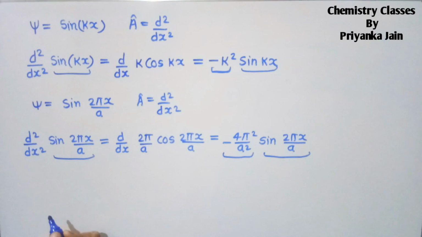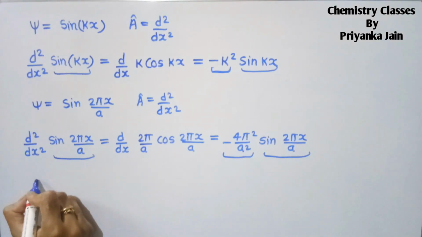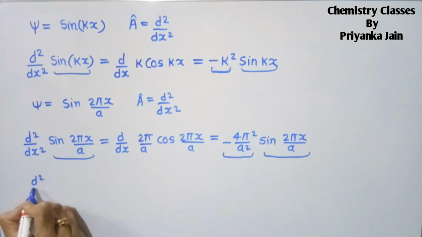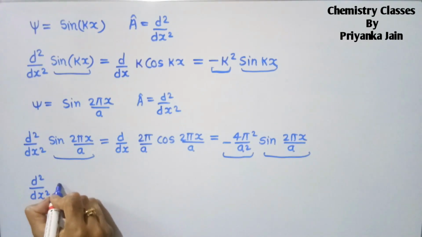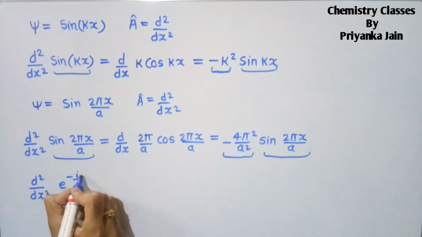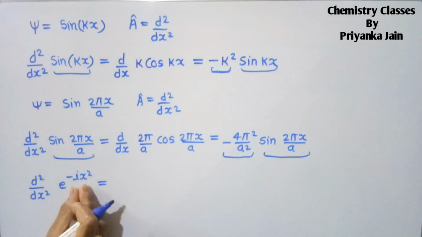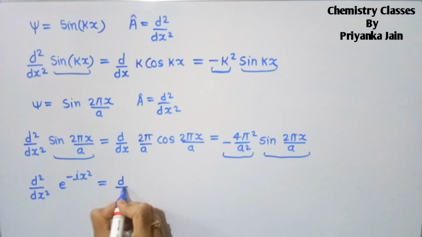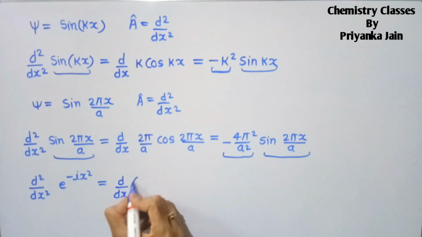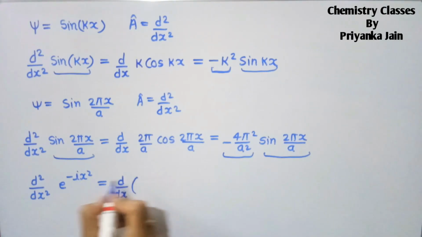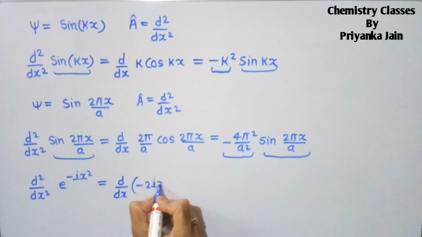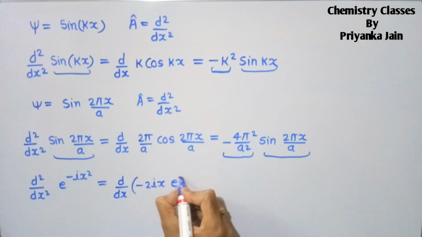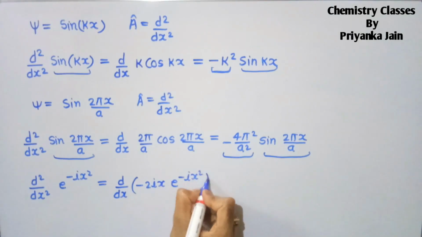Now see one more example. This is our operator and we have to apply it on e to the power minus i x square. So we have to do its differentiation. The first differentiation gives us minus 2 i x e to the power minus i x square.